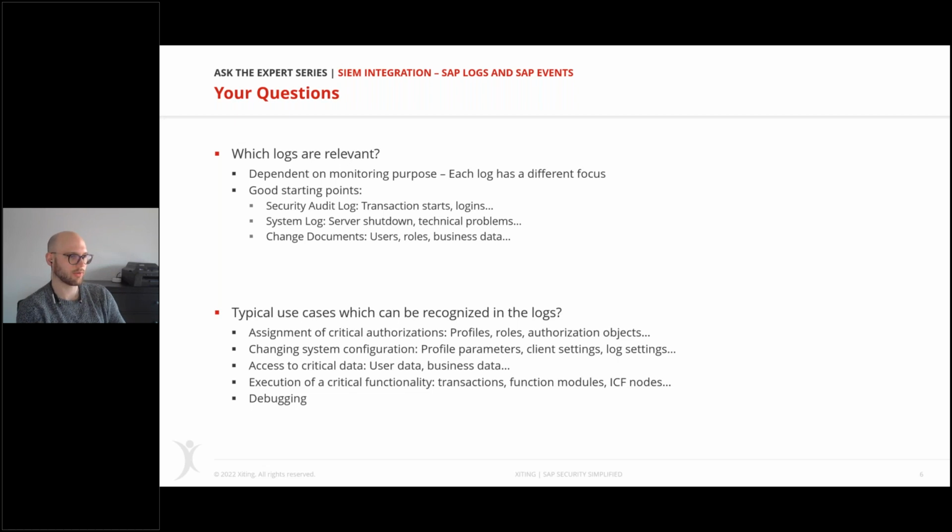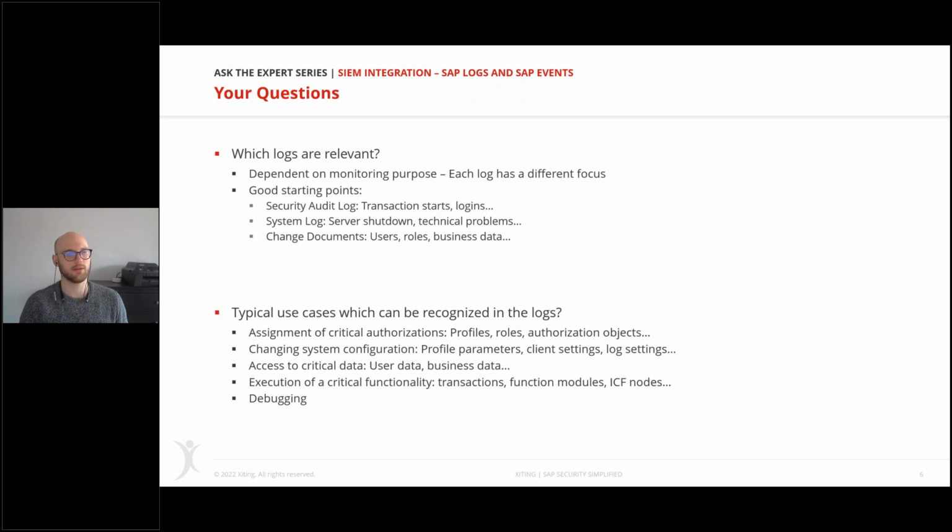Then the execution of critical functionalities. I just call this functionality to be very abstract and very general, but to be more precise, we're talking about the execution of critical transactions or function modules or services or reports. It doesn't matter. Just a part of code which does something critical, and we are having a look at it if this gets executed. So for example, in the security audit log, you can log every execution of a transaction.